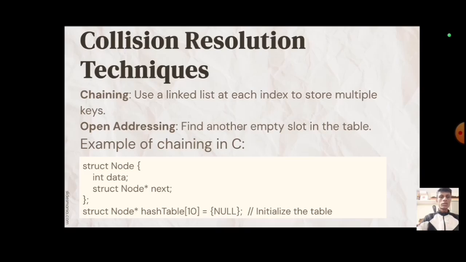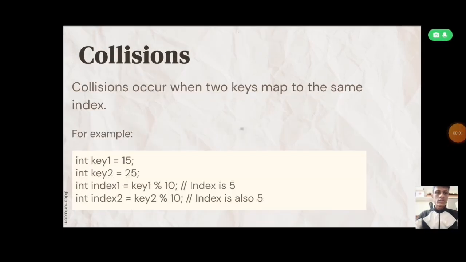Collision resolution technique. Now let us understand what is collision in static hashing. Collision occurs when two keys map to the same index. So if two keys map to the same index, there is an indexing fault where we store the data. Two different pieces of data will be pointing to the same number, then it will be a problem for sure.